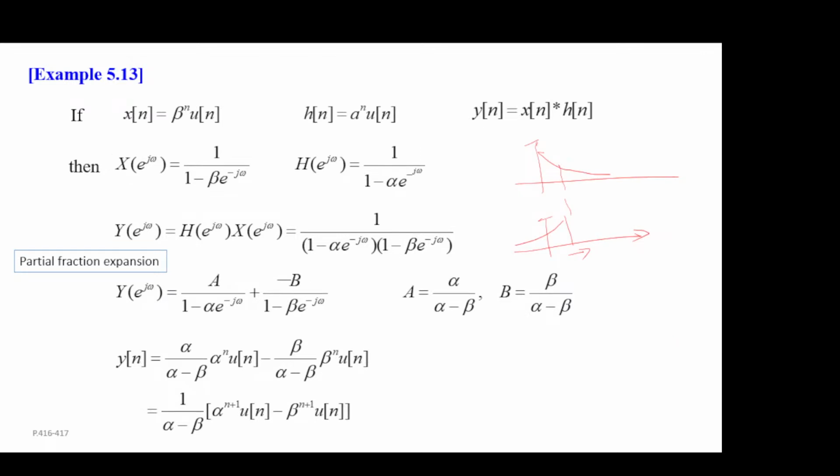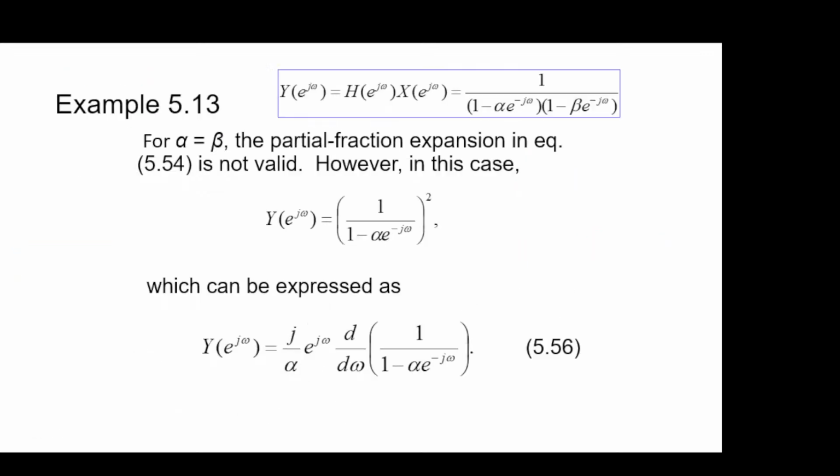And the derivation, remember we derived this in 5.13, where if we want a square here, then you need to take the derivative of the single one-over term, and then you will get an extra e to the j omega.